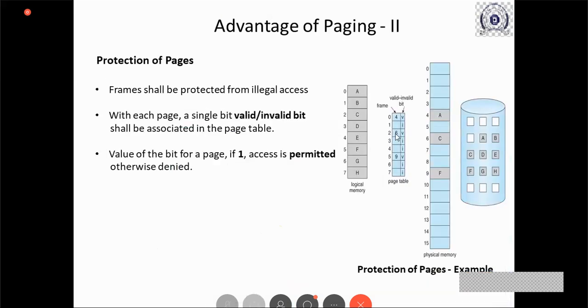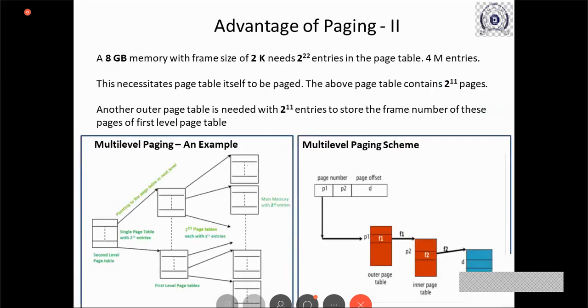And page number 1 is invalid. So wherever it is stored, it is not permitted to access. So this is another advantage. The protection is possible if you use paging for memory management.